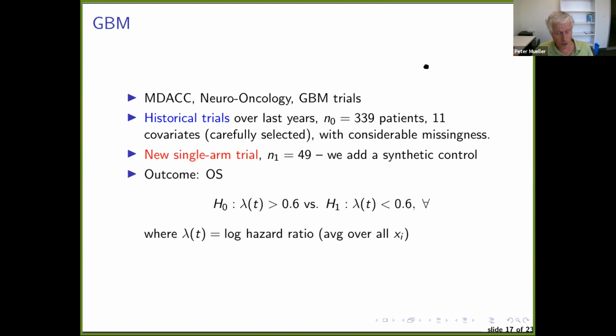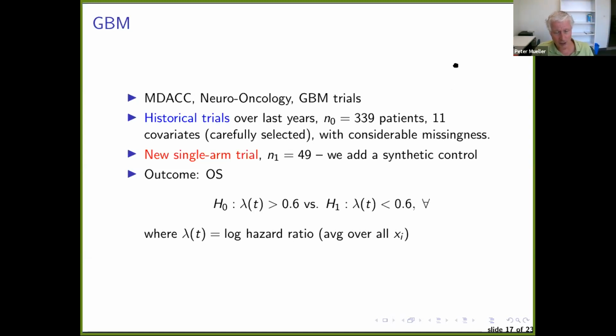The relevant outcome here is overall survival because, sadly, the prognosis for these glioblastoma patients is not very encouraging. Unfortunately, overall survival is not too long. To make inference about treatment effect, you might be interested in a hazard ratio of greater than 0.6 versus less than 0.6.